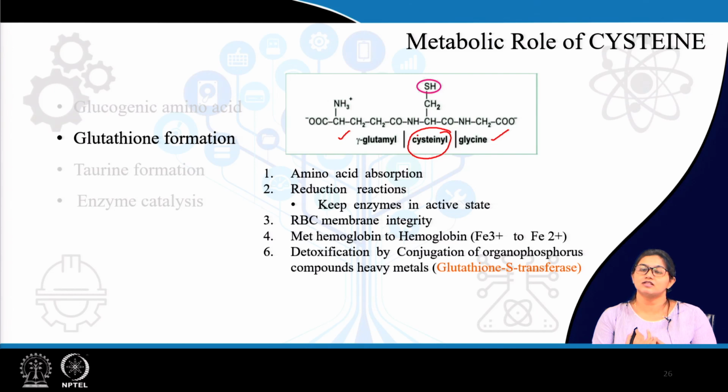The detailed function once again will be discussed in glycine metabolism, but remember glutathione is required for amino acid absorption. I have already discussed the Meister cycle in digestion and absorption of protein. Then glutathione is important for various reduction related reactions, and via this reduction based reaction various enzymes remain in active reduced state.